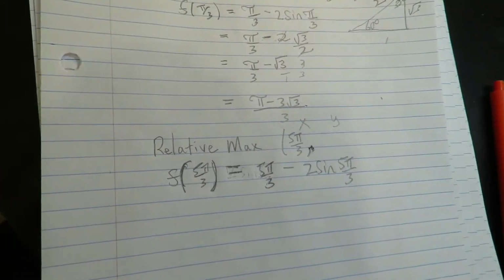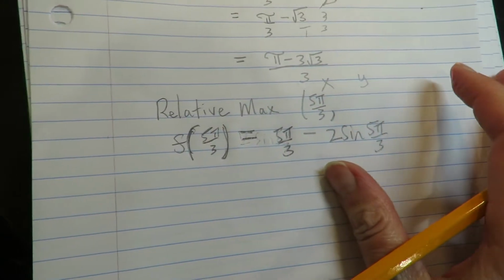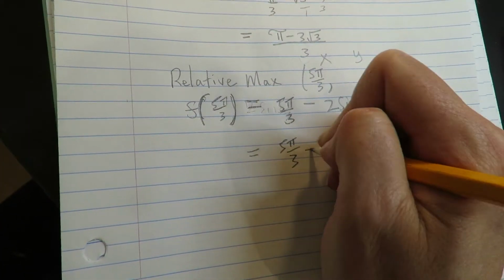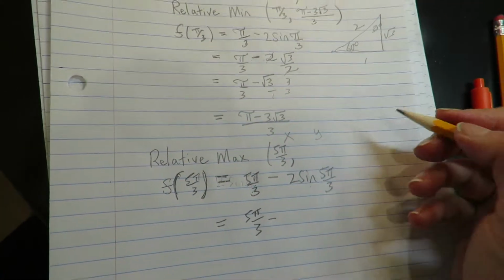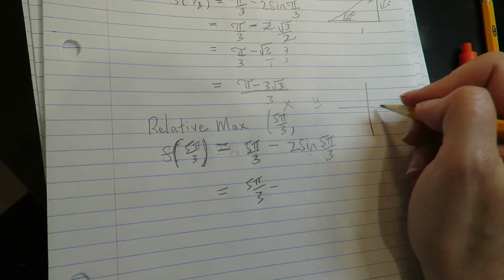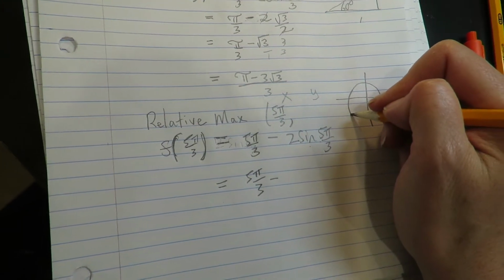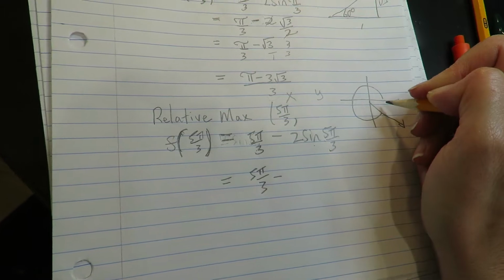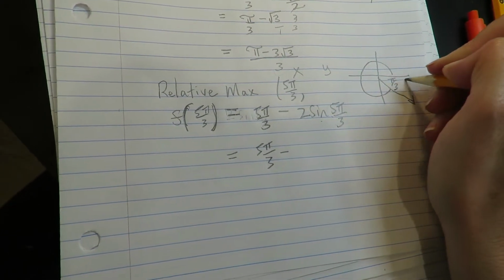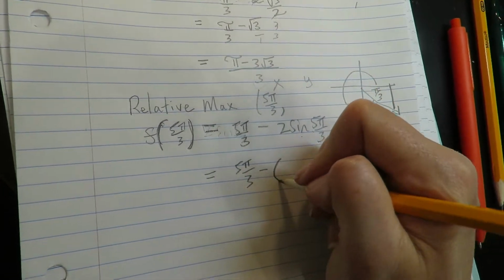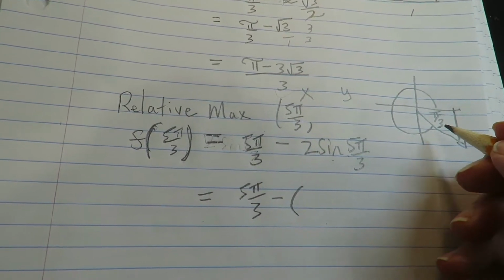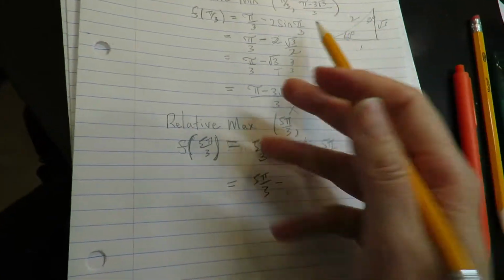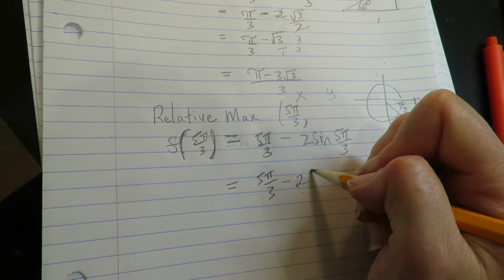All right, 5 pi over 3 is here. It means the reference angle is pi over 3. So the sine value, I can hear you guys saying it: Professor Whelan, where's that 2? And you'd be absolutely right. There it is, there's that 2.